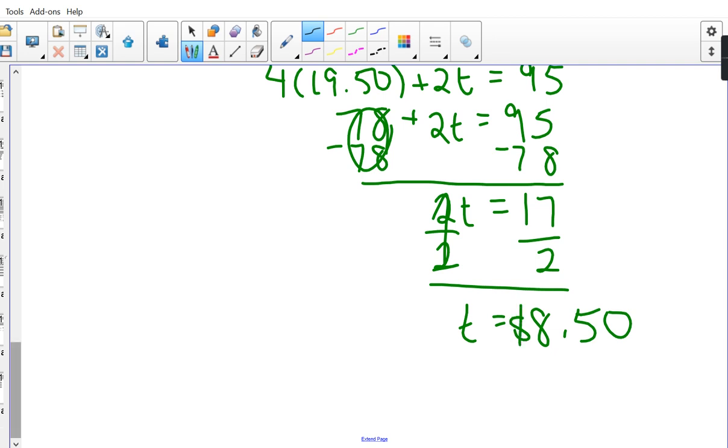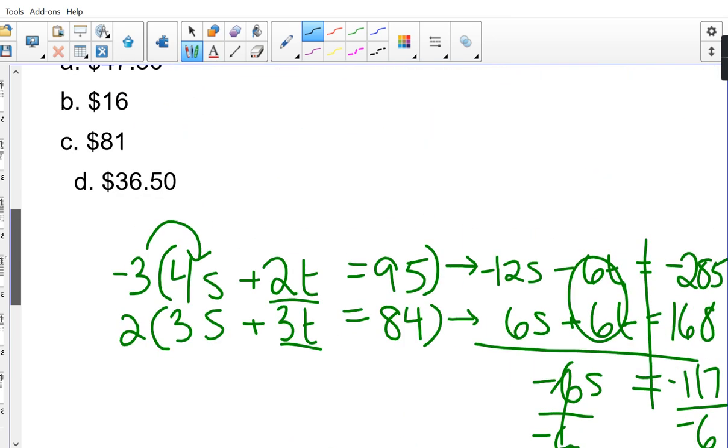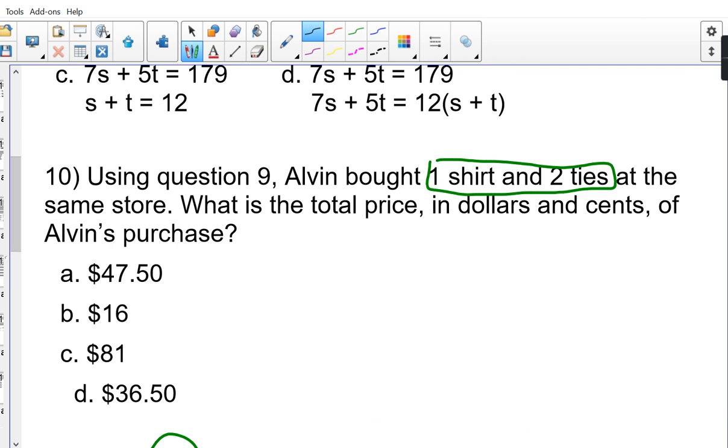So let's just circle the important parts. We have t is 8.50, and we have s is 19.50. So what are we trying to find again? Well, let's go back to the problem. We're trying to find the cost of one shirt and two ties. Well, one shirt we saw is 19.50.